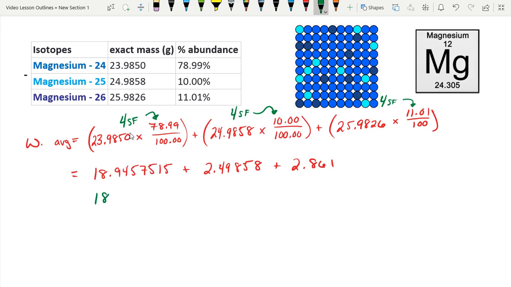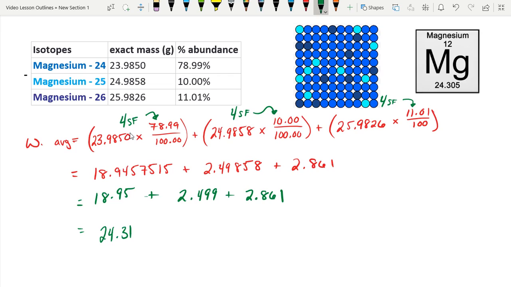So this becomes 18.95 plus 2.499 plus 2.861. Now when I ultimately add these together to get my weighted average, again without any rounding, I'll write my raw answer. 18.95 plus 2.499 plus 2.861 gives me a value of 24.311.